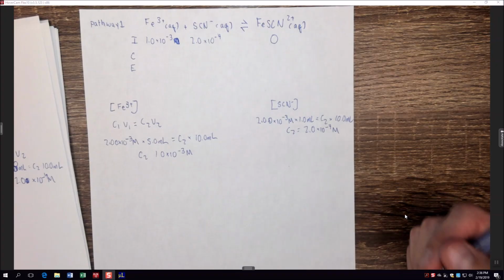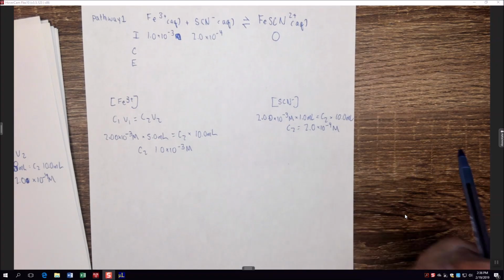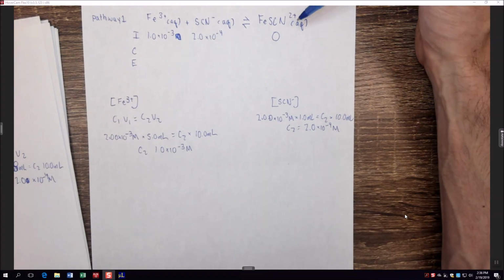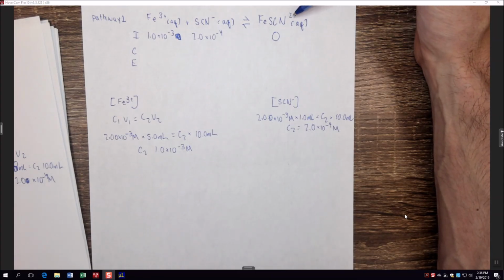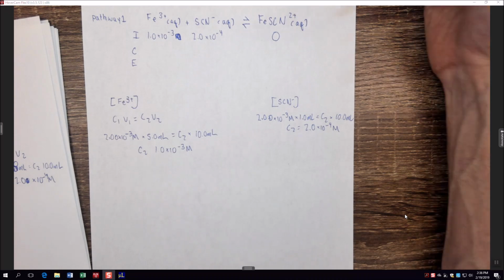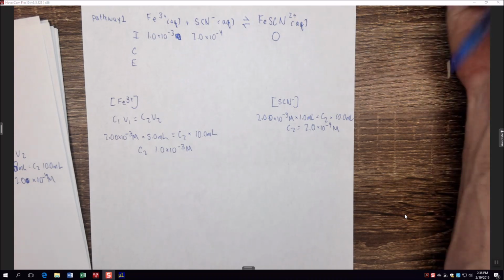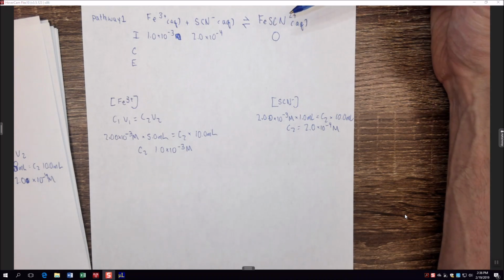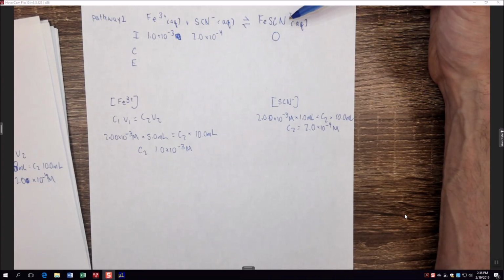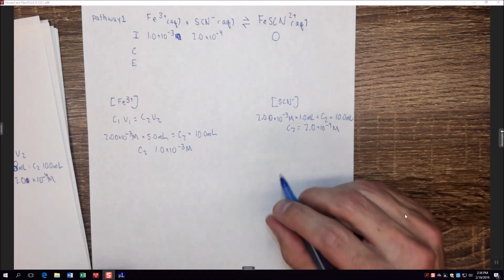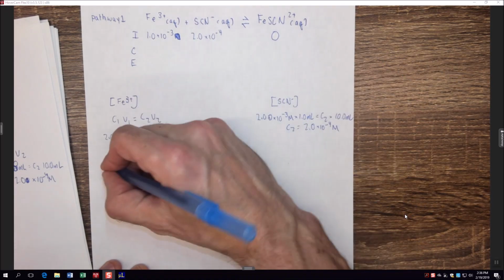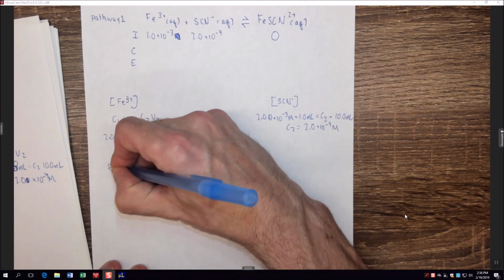Now, how do we find the equilibrium concentration? Well, the equilibrium concentration of the FeSCN2+, if that's what exists, is going to be found by using spectroscopy. So Tim already talked about how we have to make a calibration curve. We then have to use that calibration curve to determine the concentration of FeSCN2+ at equilibrium.